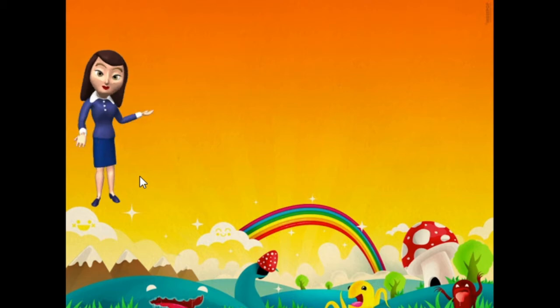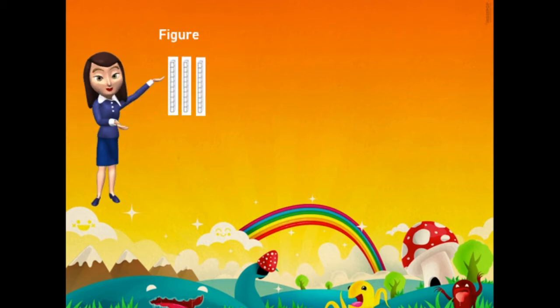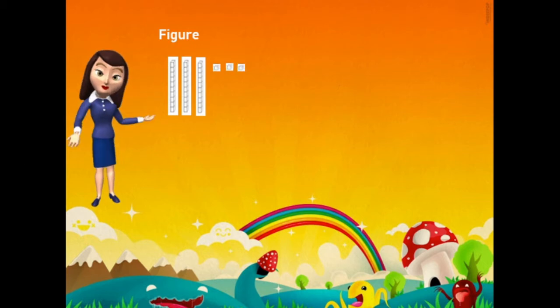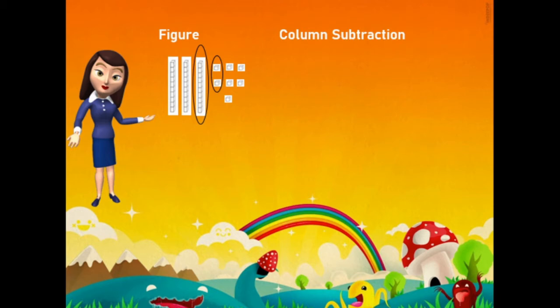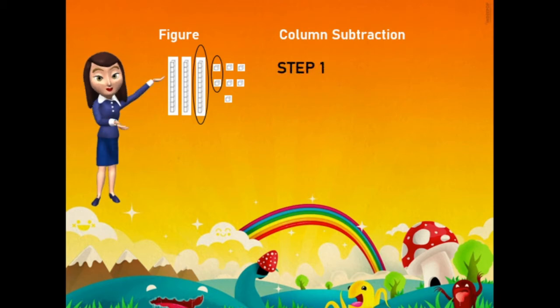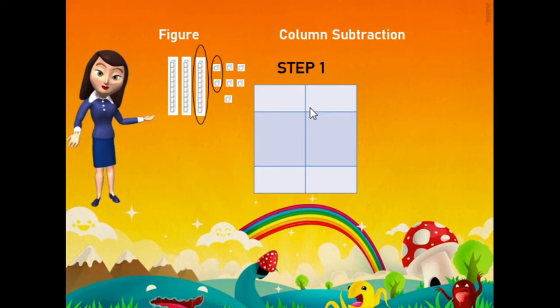That's using figures. If we use another method, would we still come up with the same answer? Let's see. Let's use column subtraction. Step 1. We have 2 columns here. Okay, this is a review.